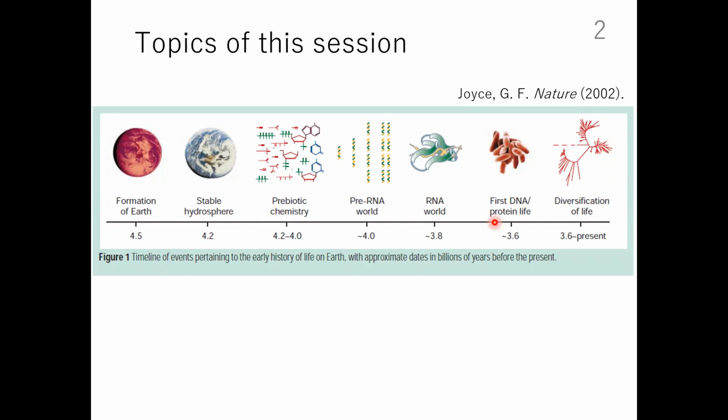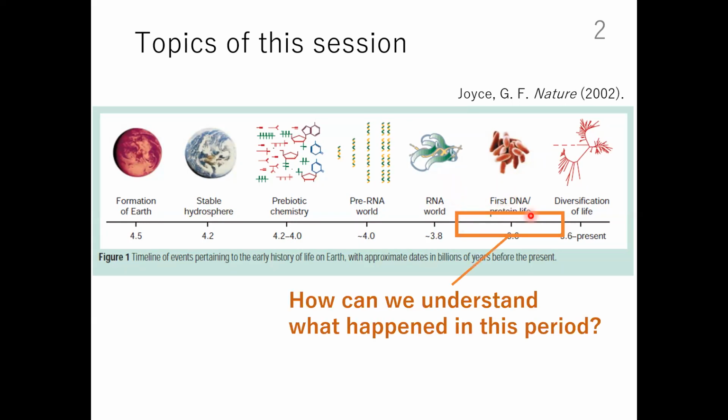Most speakers in the previous session mainly focused on this part, from prebiotic chemistry to the RNA world. But speakers in this session mainly focus on the latter part of the scenario, from the RNA world to present-day protein-DNA life.